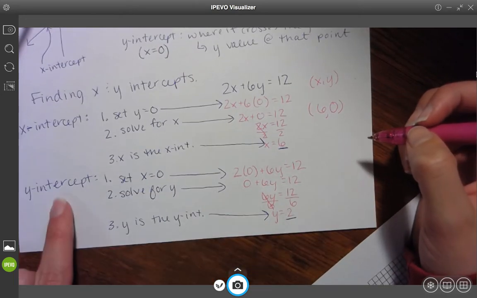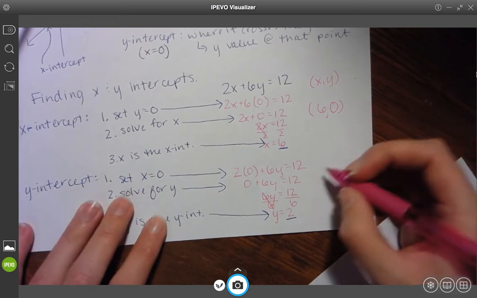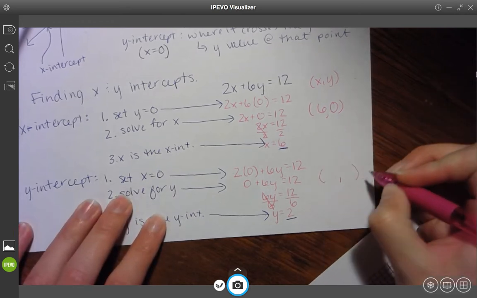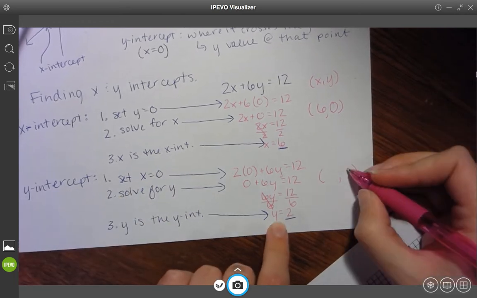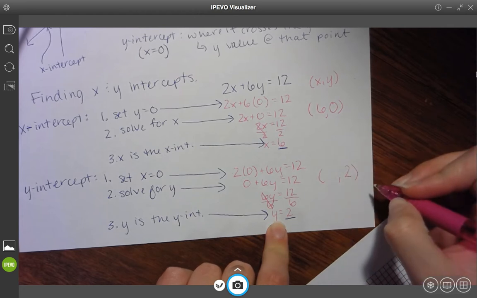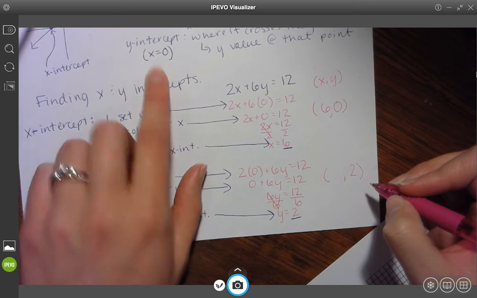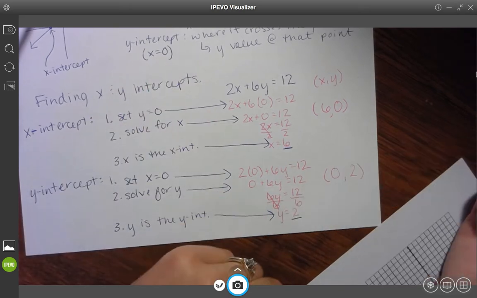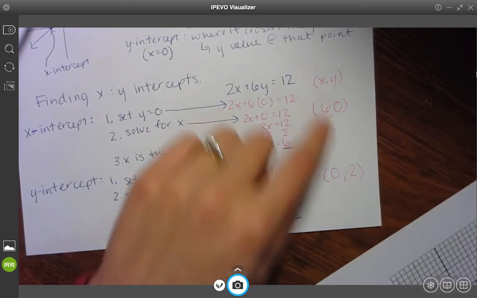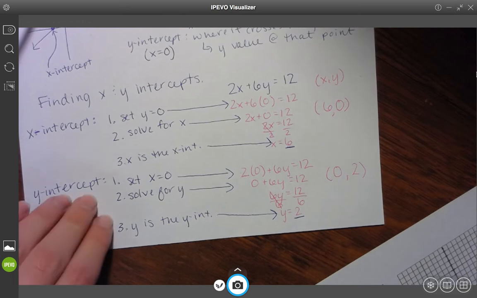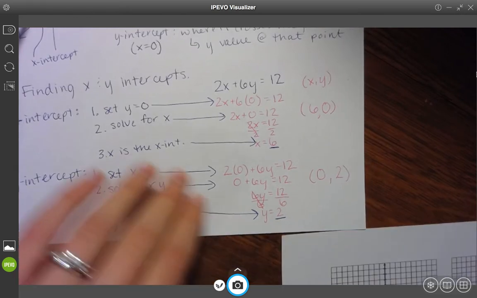And then we will graph our y-intercept. Okay, we said that y is 2, so our second value would be 2, and we put 0 in for x because in a y-intercept, x is 0. Now that I have these 2 points, I only technically need 2 points to graph a line.